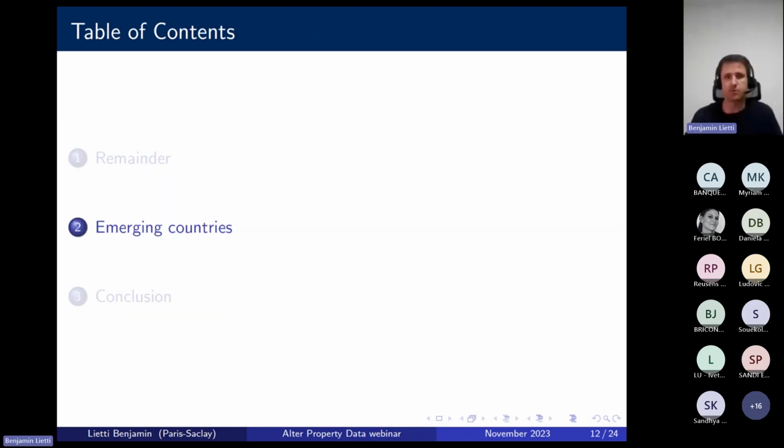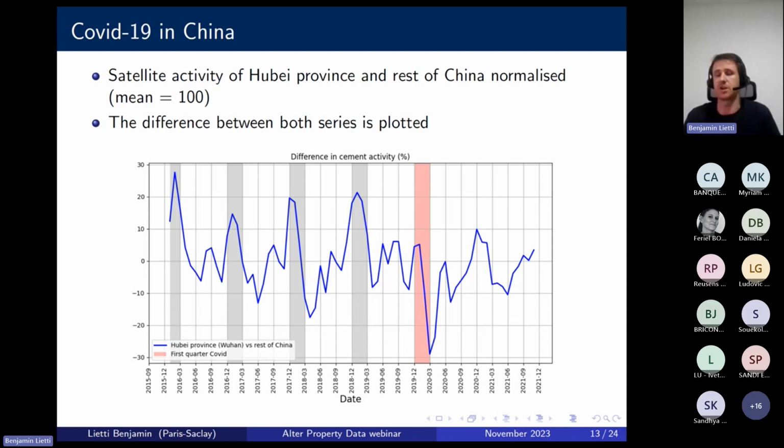And what can we see about emerging countries through this data? So first, let's look at China, and more specifically China at the beginning of the COVID-19 crisis. So what we've done is that we take the satellite index for China, but split it in two different groups.